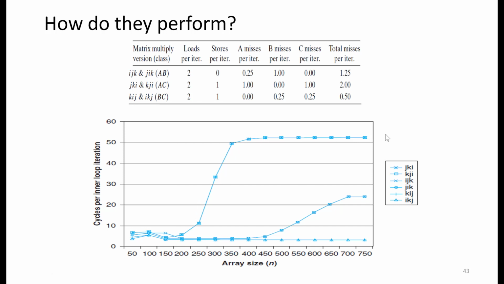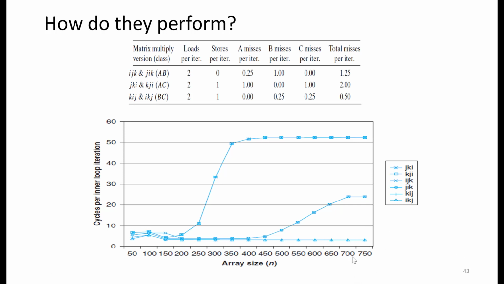This is the graph for those two. The next is we have 1.25 misses for IJK and JIK, which are here. And the best case is we have only 0.5 misses for KIJ and IKJ.